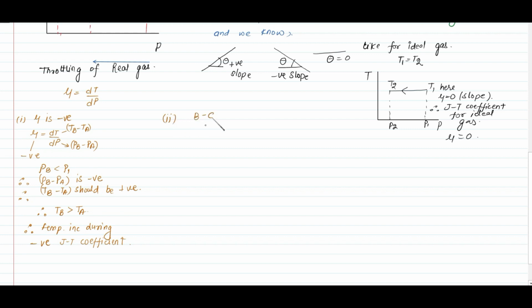Here we know that the Joule Thomson coefficient is positive, and mu can be written as dT by dP. dT can be written as Tc minus Tb, and dP can be written as Pc minus Pb, final minus initial.